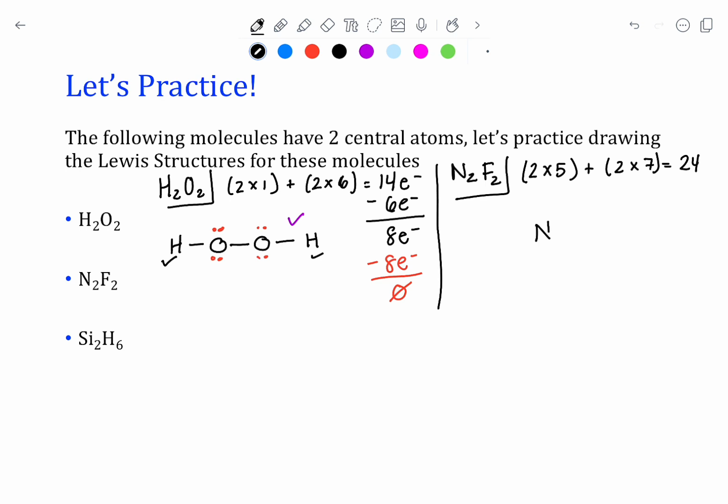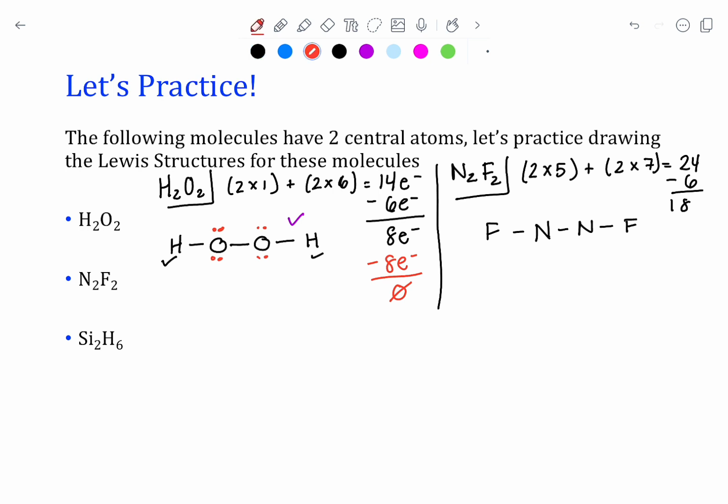My nitrogens are going to be my central atoms. I'm going to bind them together with a bond, and they each have a fluorine coming off of them. So again, I've made 3 bonds, so I've used up 6 electrons. I have 18 electrons left over.